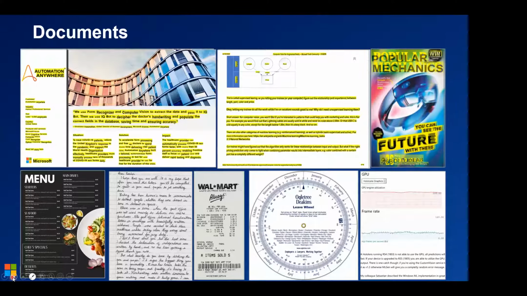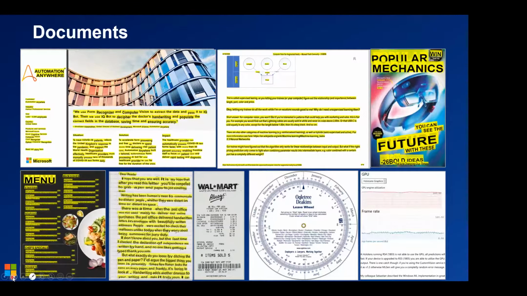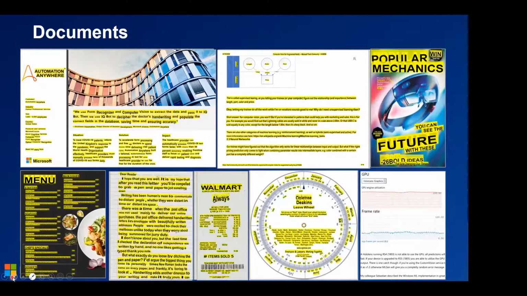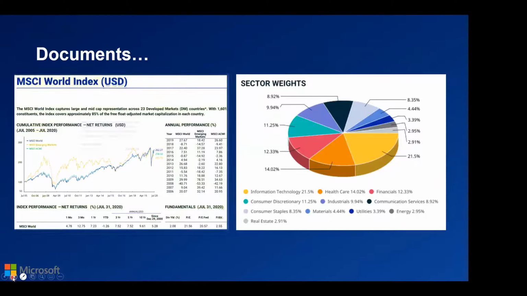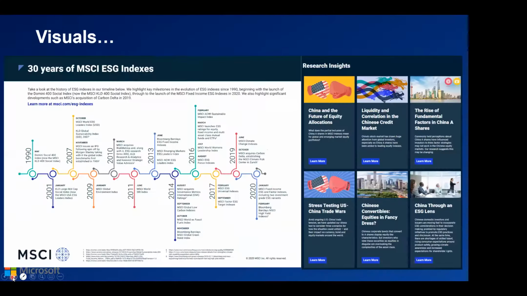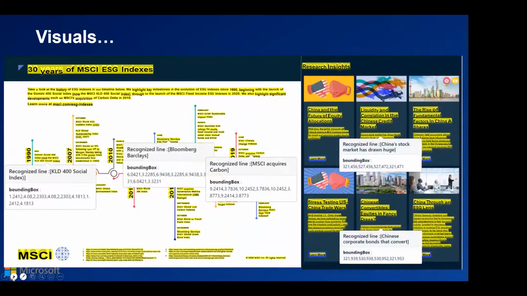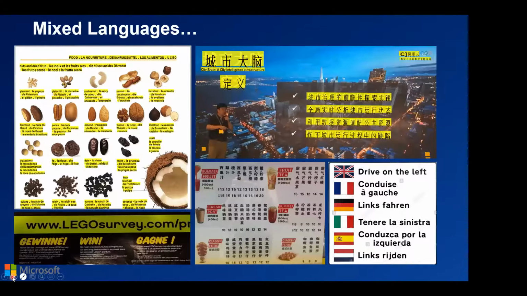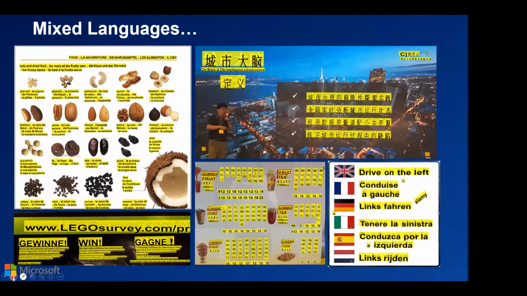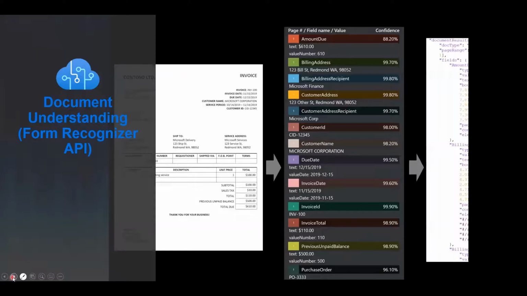And you can see, including a handwritten note here, receipts, text lines of different orientations, etc. Additionally, more documents here. And then visuals, additional visuals. And this one contains mixed languages. So it can handle all these cases really well. So that's the brief coverage of the OCR engine, the Reader API.